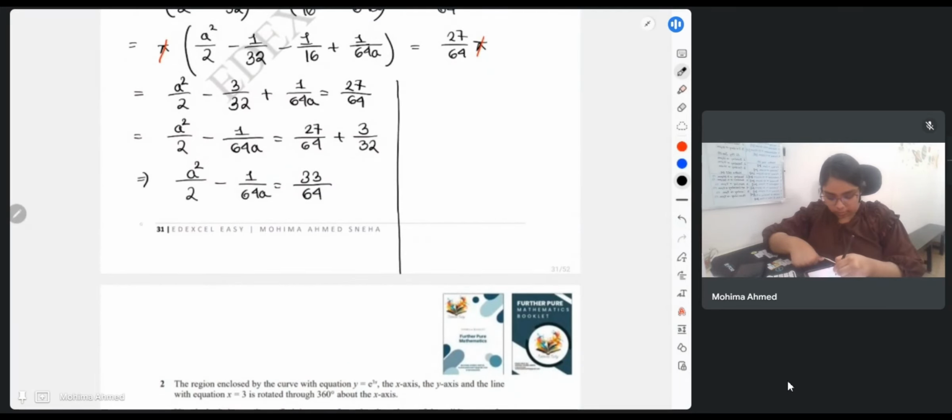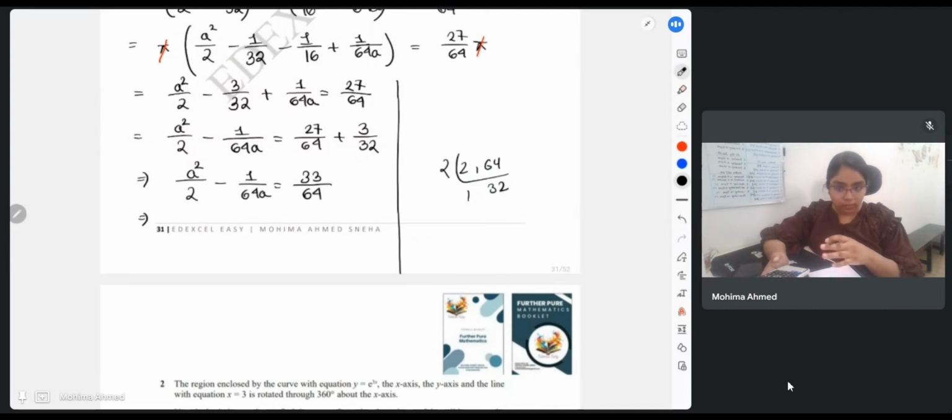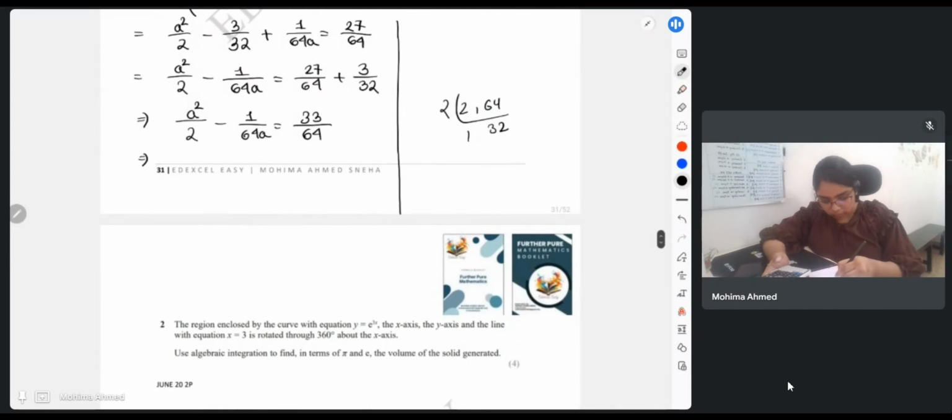Now from this part again, if you do the LCM over here for 2 and 64, it's 64. We can take 2 common, 1, and then 64 by 2 is 32, and it's again going to be 64 at the end, right? So now in the denominator, you have 64a actually, and over here you get 32a³, because it was 64a, right?